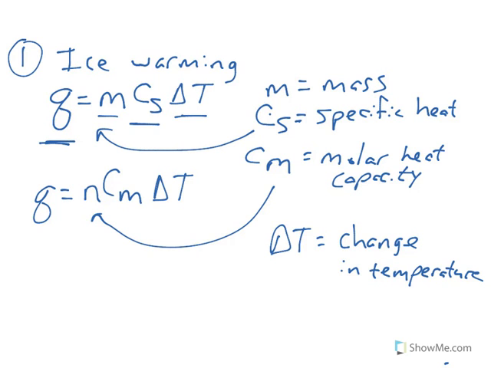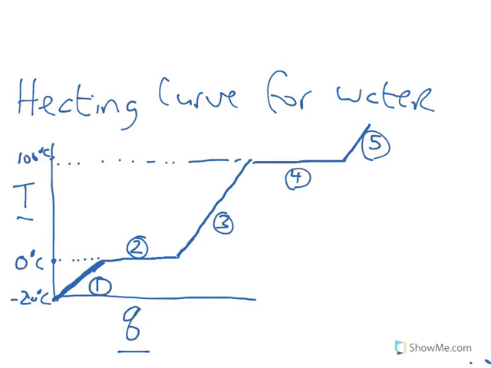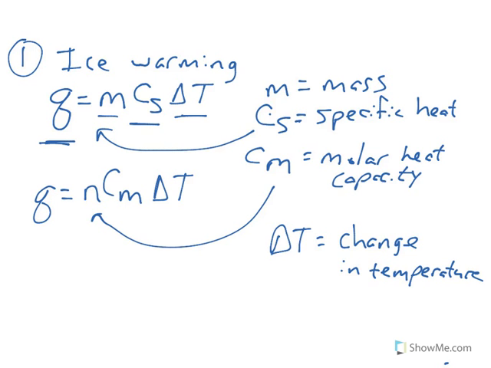So that's how we're going to mathematically figure out how much heat is required to move on the curve at point 1, all right? To move on the curve at point 2, now we're dealing with something called ice is melting, all right?